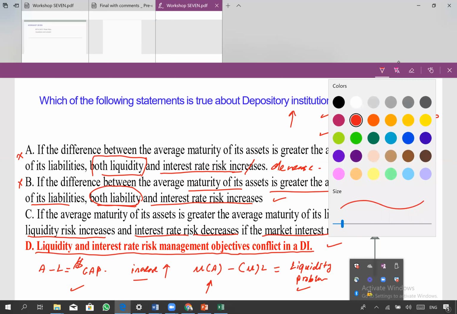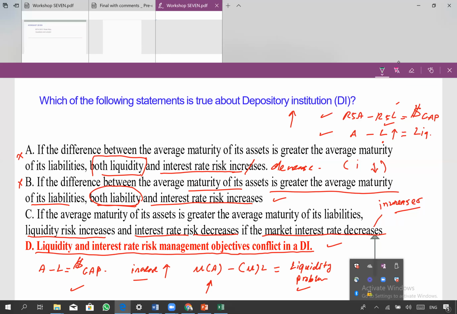When we talk about liquidity, we are concerned about increasing the liability size. When we talk about assets, when the interest rate is increasing, we are concerned about the risk sensitive assets. End of the day, there is actually a conflict to manage those two issues.